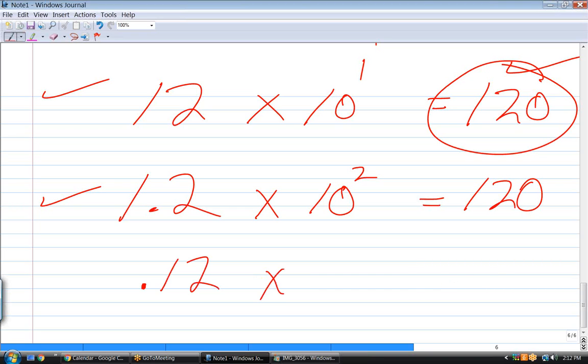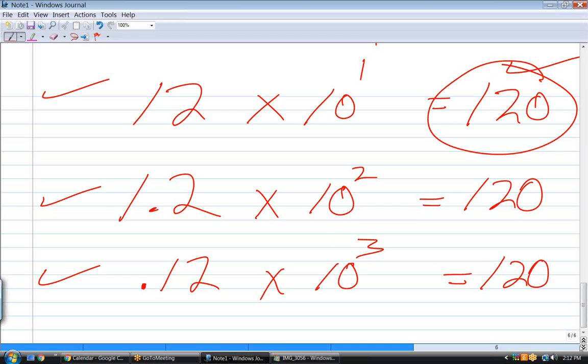If I'm trying to get that equal to 120, what do I need in the way of an exponent? It'd be 10 to the third. In other words, that's also that same number. So now I can see that as I'm moving my decimal to the left, every single spot, I have to add 1 to the exponent.